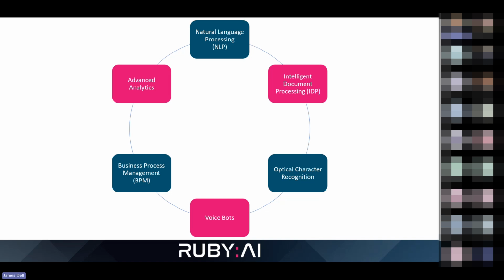Where Ruby AI is different is we're integrating multiple facets outside of that traditional ability to follow a number of mouse presses, right? The first one is the ability to process natural language. We've then got the ability to do both optical character recognition and intelligent document processing, the ability to scan physical images, to take JPEGs, to take PDFs and pull data from them and then remanipulate them.